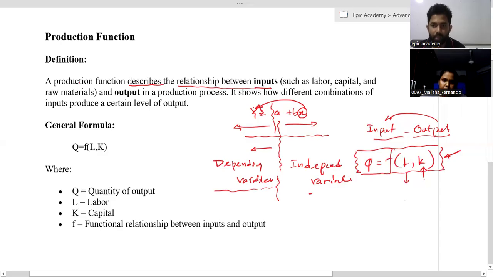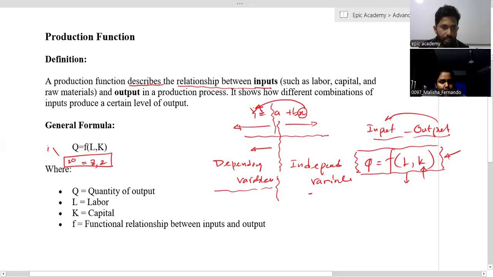We call it labor hours. Okay. So if they are going to use 8 labor hours and 2 capital inputs, they can produce 20 quantities, as an example.